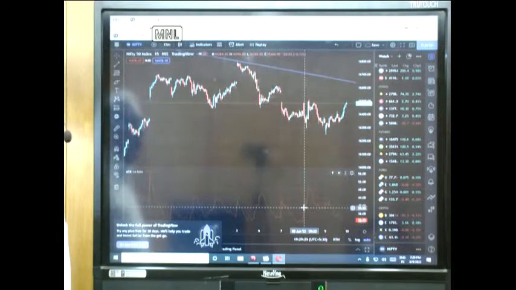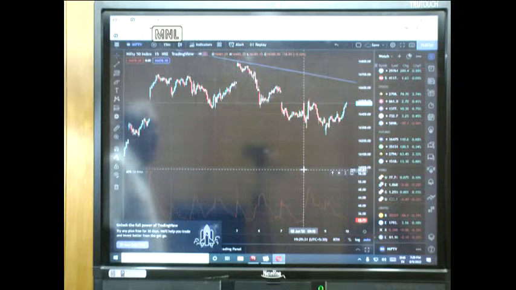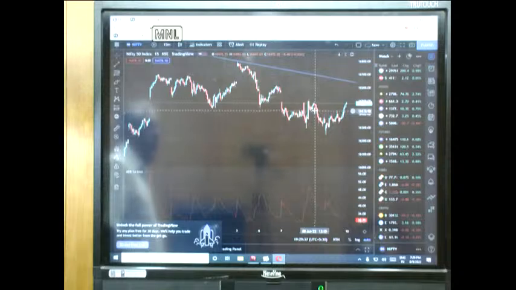Because if you look at it, this is a low, this is a gap down, and this is straight away a gap up. So once this gap up started to get filled, then we can look towards going short, which I told you.